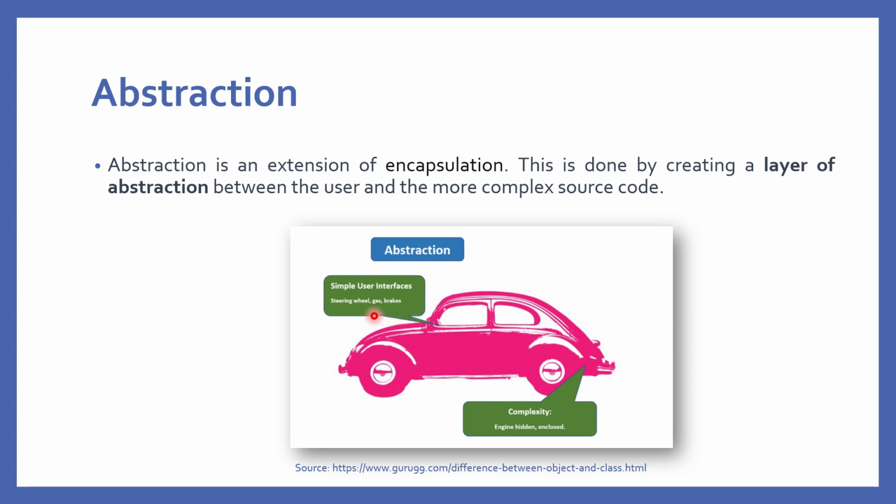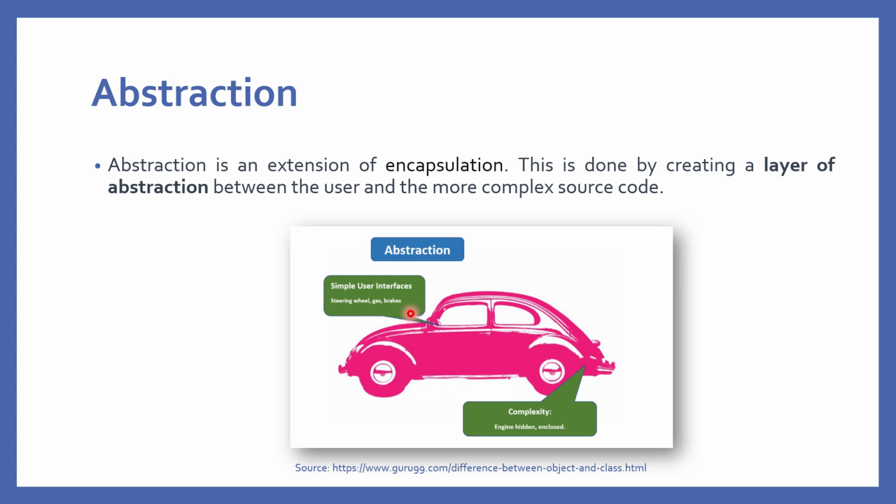For example, the steering wheel, gas, and brakes are all simple user interfaces, and we have abstracted the whole complexity of the car. The complexity of the engine and the mechanical mechanism to drive the car is completely hidden and enclosed within the structure, while we have only created a very simple user interface. So this can be considered an example of abstraction.